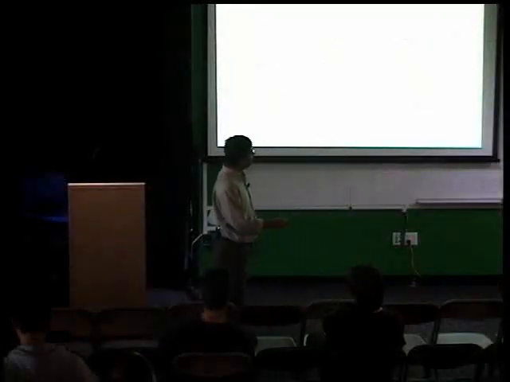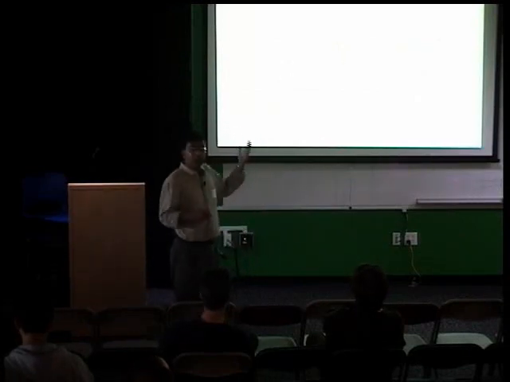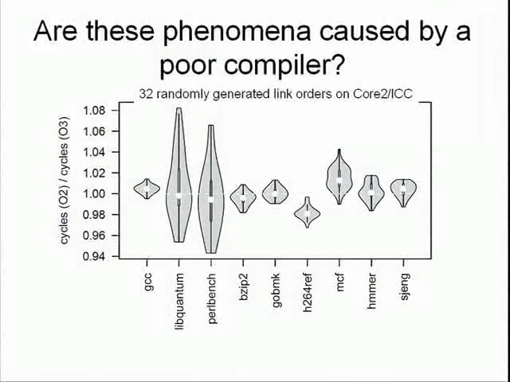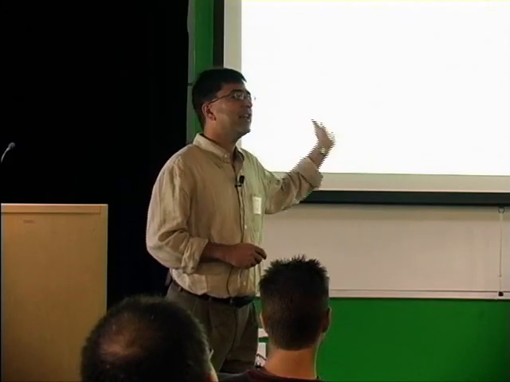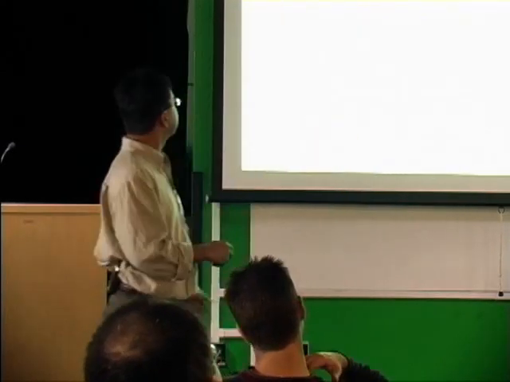And so in these graphs, I present data for the link orders for the Intel compiler, not GCC. And once again, we see huge swings in performance. In other words, this phenomenon is not an artifact of something that GCC does. Intel's C compiler suffers from exactly the same phenomenon.